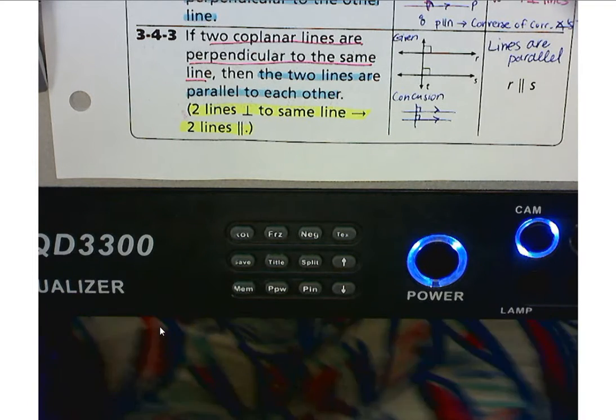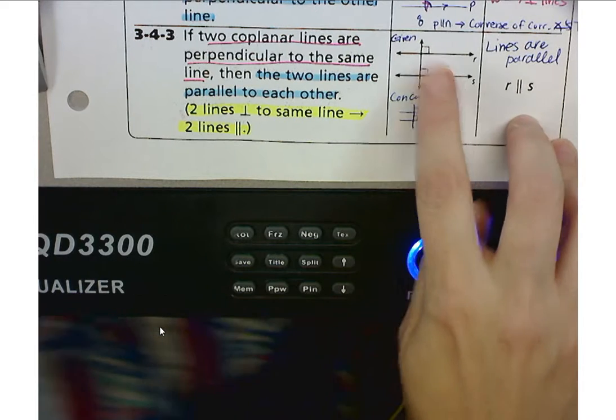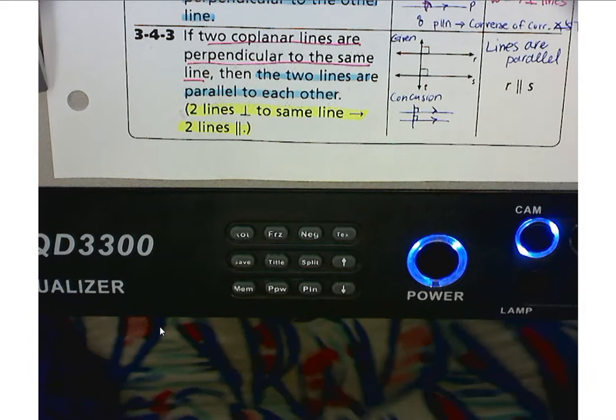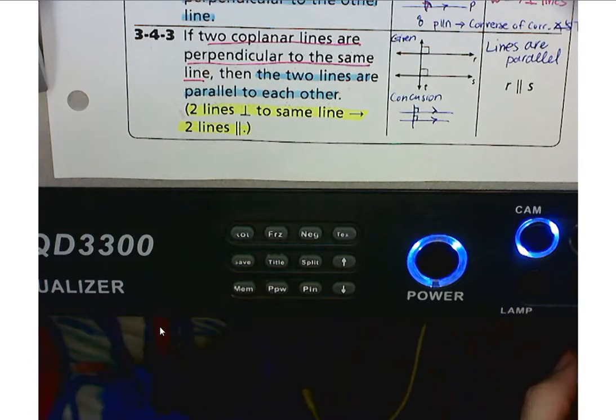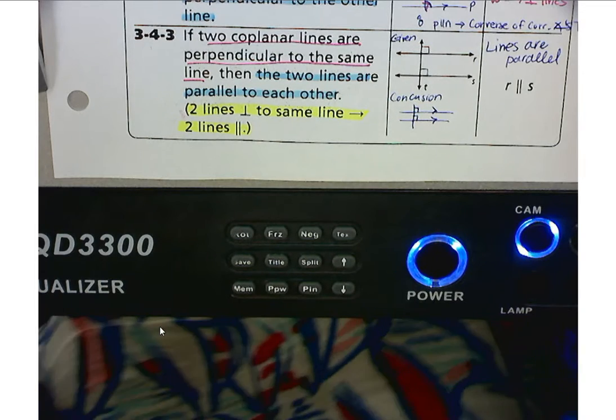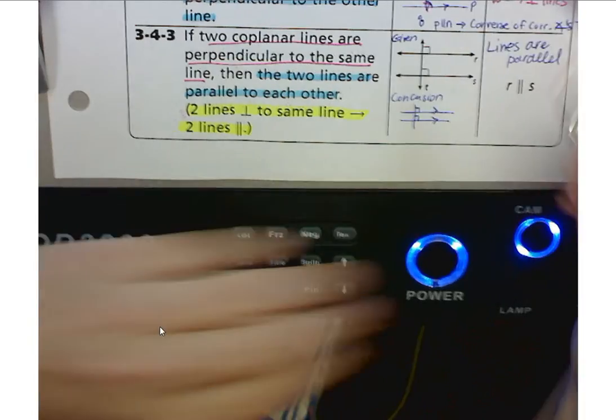Again, another way that you could use this is you could also say, what? Yeah, you could also use the converse of the corresponding angles theorem.